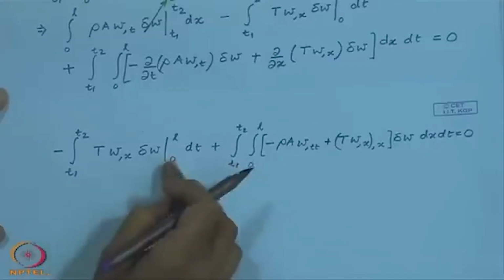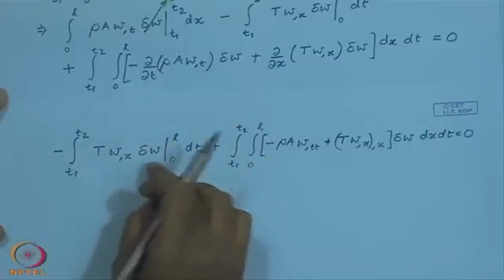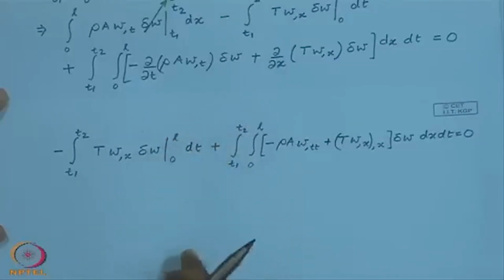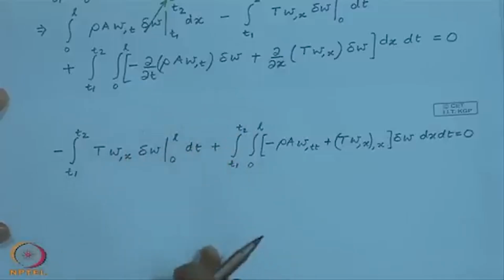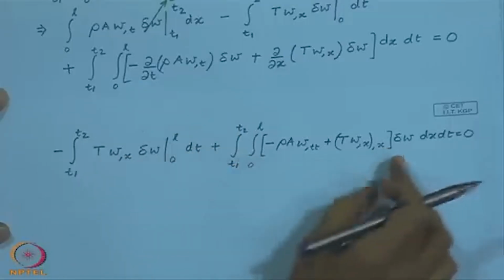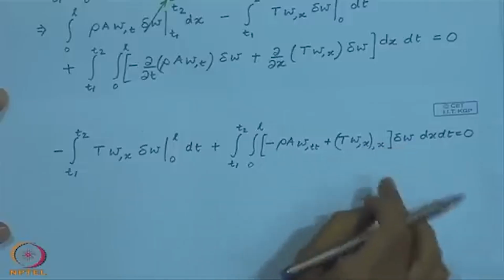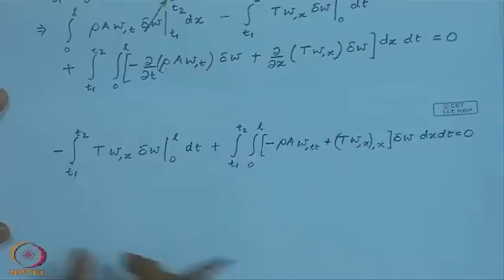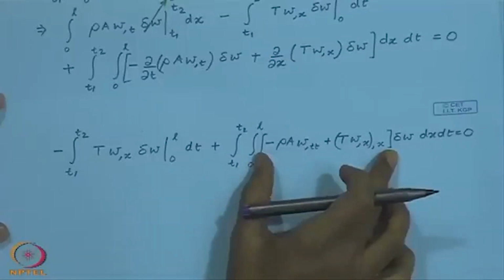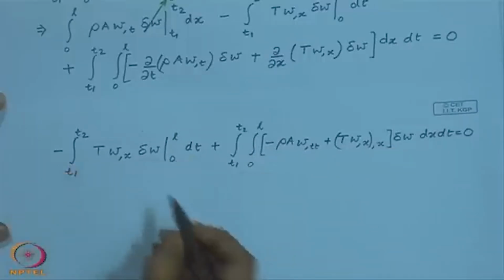Now, the first term in this integral, if you see, the variation is at the boundaries. Delta w and all these terms will have to be evaluated at the boundaries, whereas here they are at the intermediate positions of the string, at all intermediate positions of the string. Now, these two can be independently done. So, you can hold the variation over the string as fixed and just vary the boundary or vice versa.